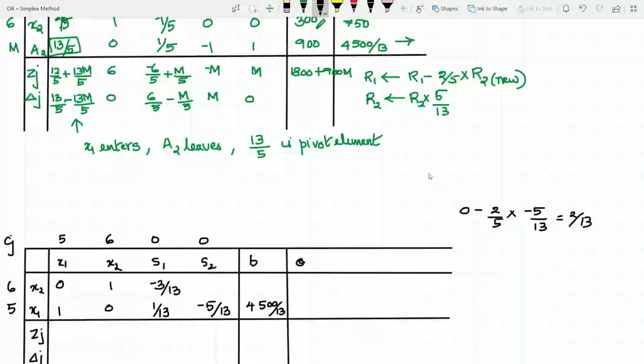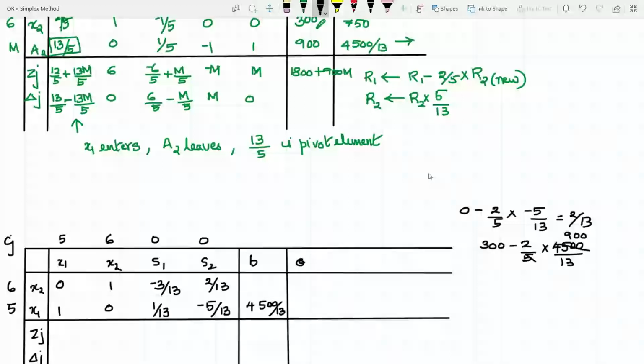What was it? 300. 300 minus 2 by 5 into 4500 divided by 13. What do we get? This is 900.